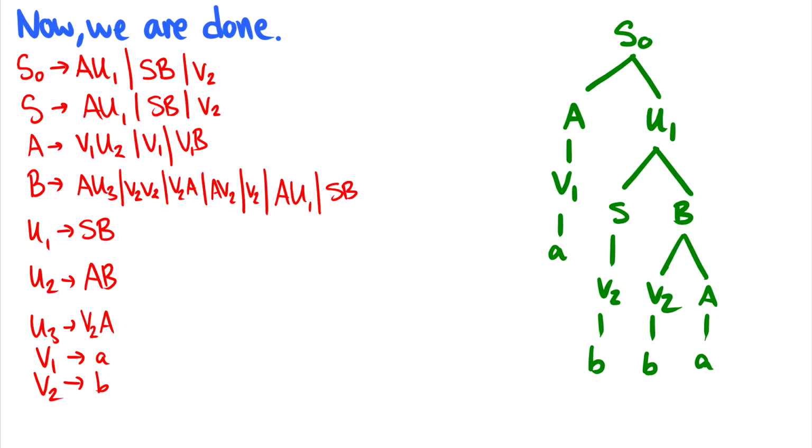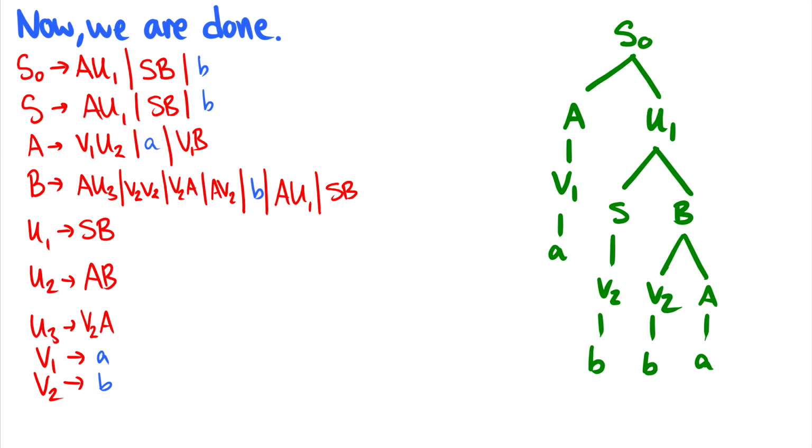Okay, so now we're done. Here is our final list of rules. I have not done this entirely correctly. I need to make some substitutions here just to make it consistent. And now it is consistent. So as you can see, the terminals, which I've written in light blue, and the variables are in red. And we can convert our string ABBA that we've seen before into a binary branching structure.